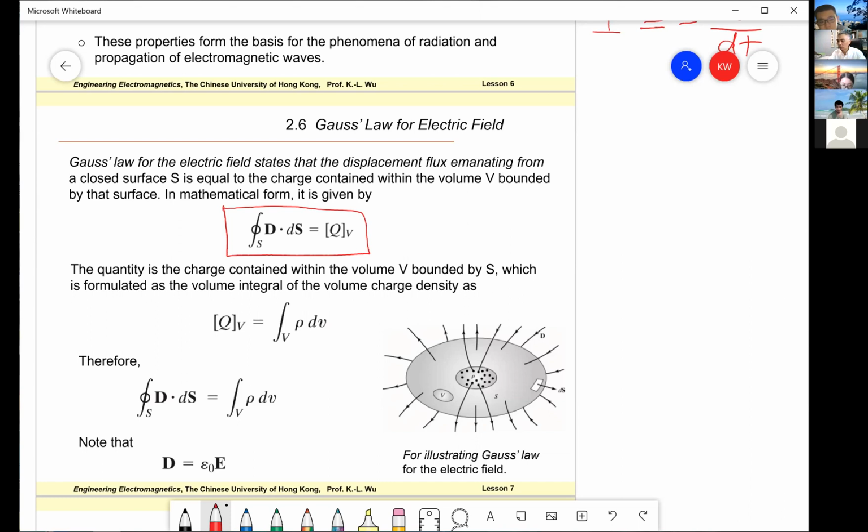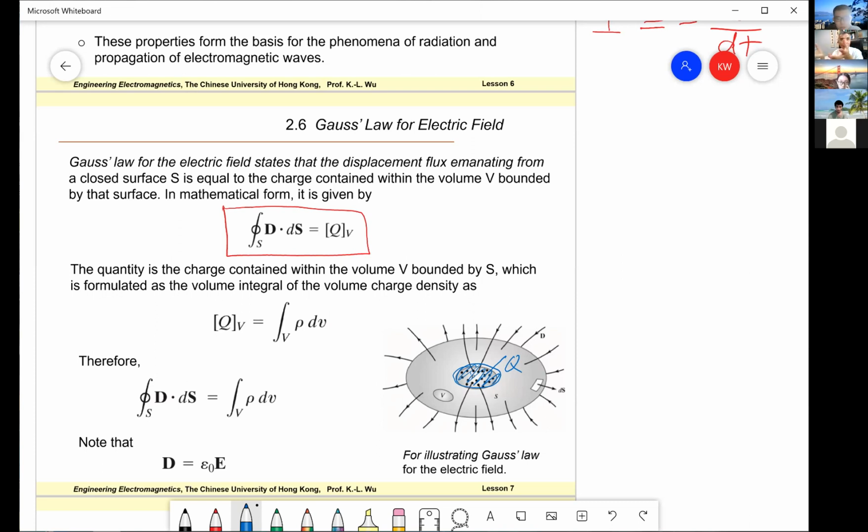So if we have a surface enclosing this finite volume of charge, then we can find this relation.